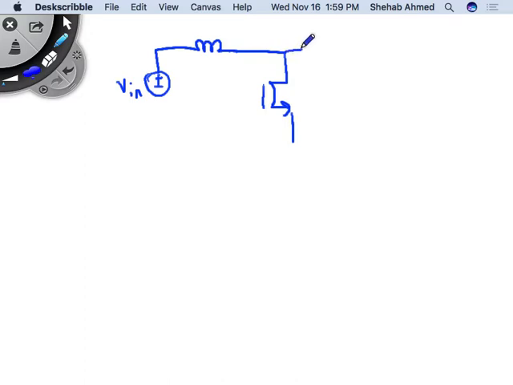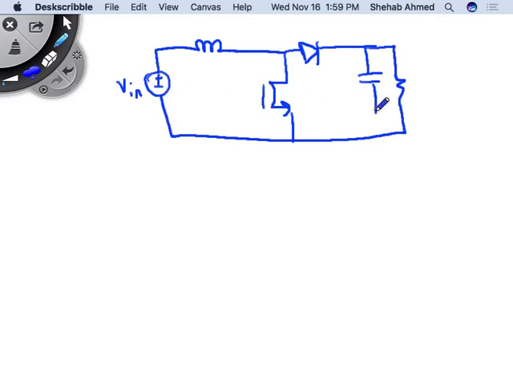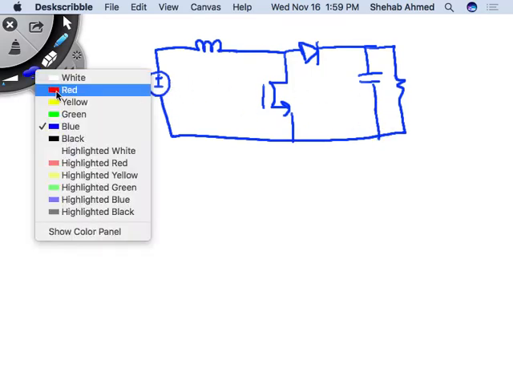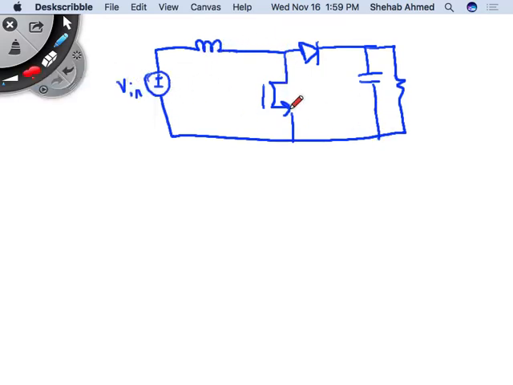So the boost converter looks like the following. So I have my input voltage, and it's my inductor, my switch, my diode, my output voltage. What did we say? The terminal next to the switch is the active.